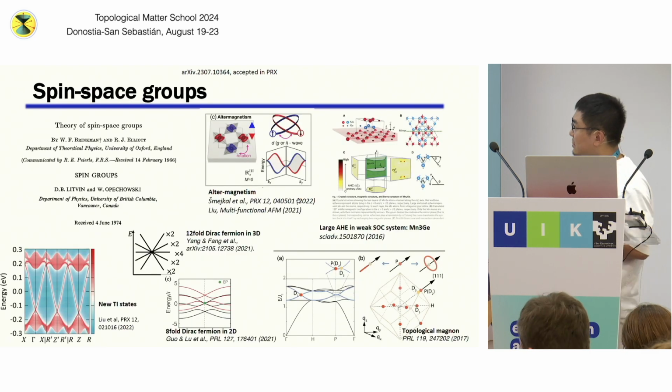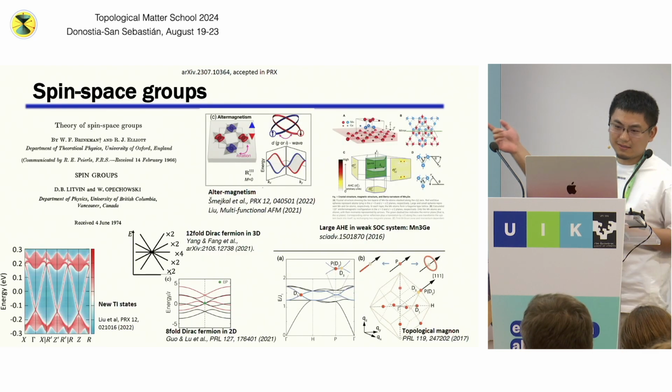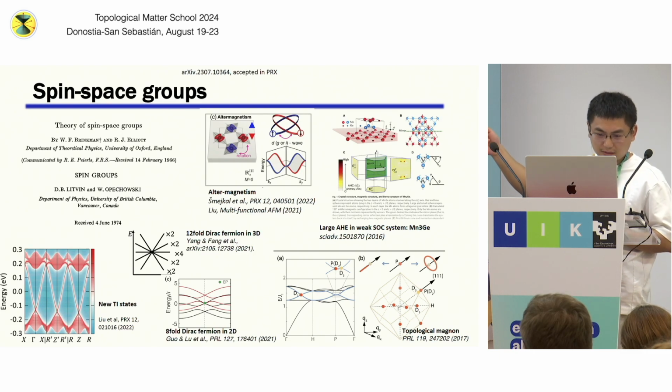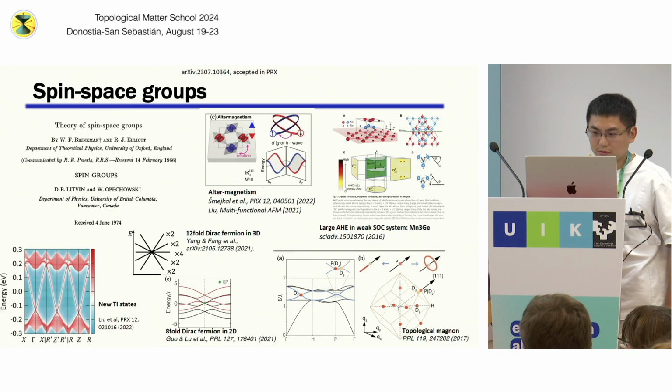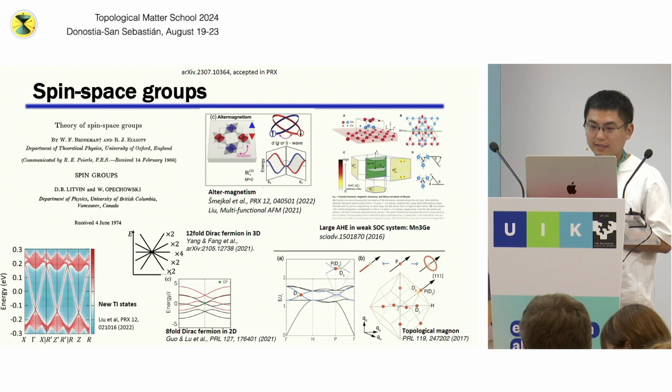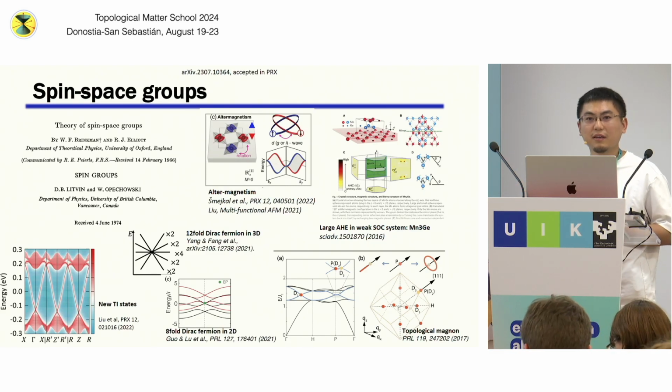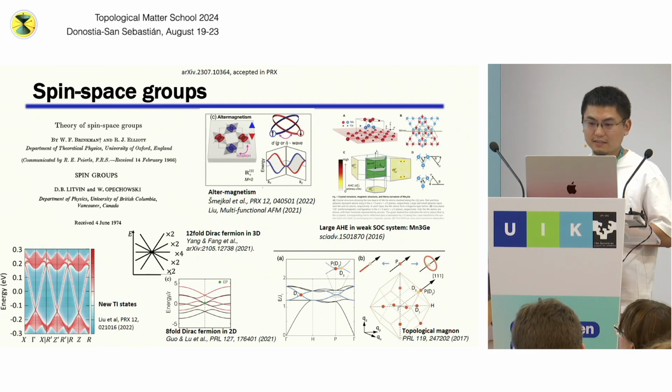This spin space symmetry was first realized in the 60s and 70s. I think it's quite early. At that time, people used this spin space symmetry to understand some extra degeneracy in the magnon excitations.